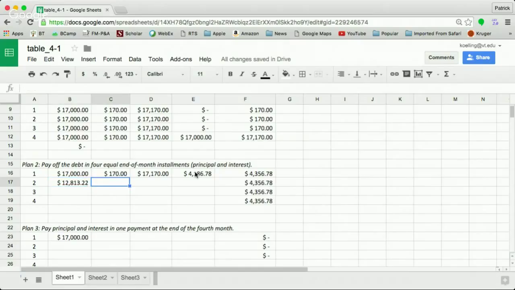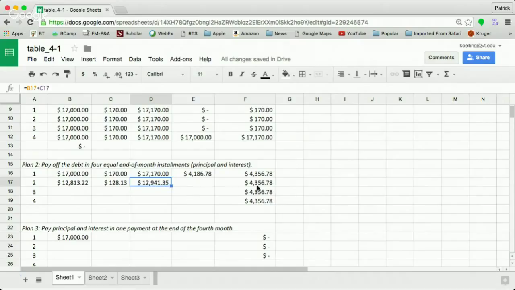What about my interest? Well, my interest payment is 1% of the $12,813.22, or $128.13. Not bad. Less interest. How much do I owe in total? I owe, again, the sum of $12,813.22 plus the interest that accrued, or $12,941.35.